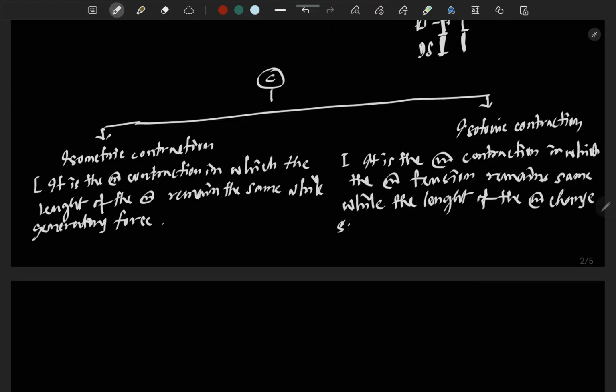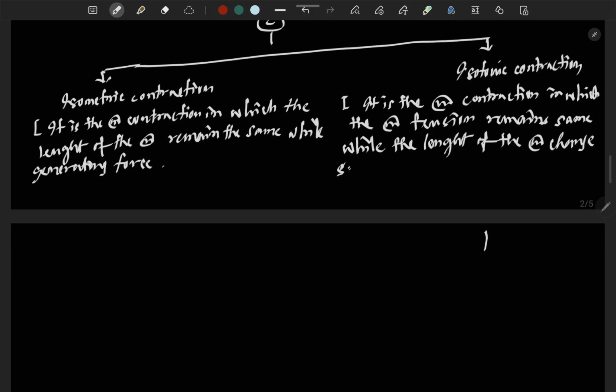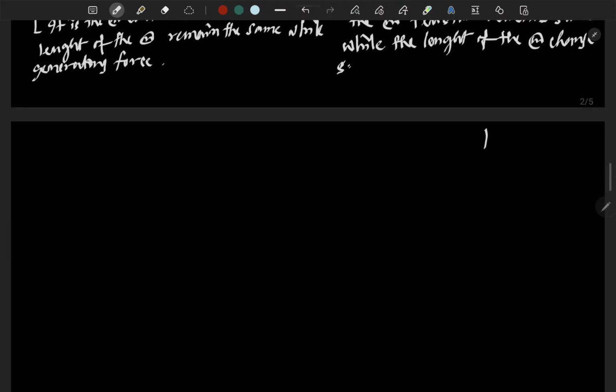Okay. This isotonic contraction is further subdivided into two types.